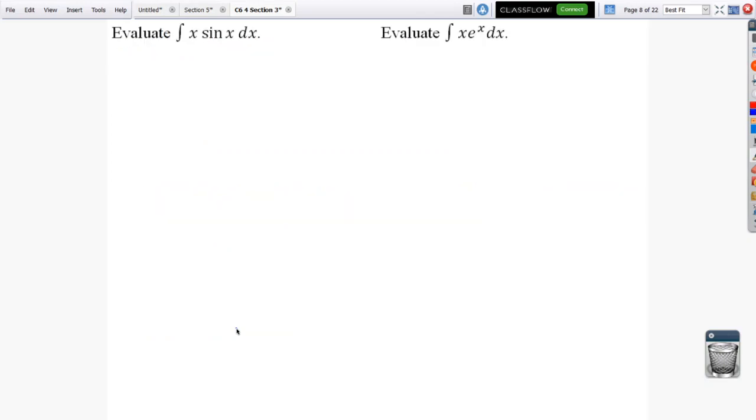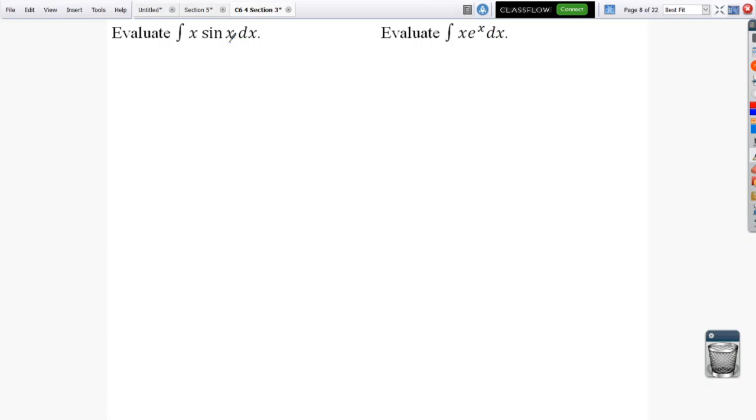We're going to do that one on the left. The integral of x sine of x dx. Now that we're seeing two problems that are integration by parts problems, I'm going to tell you how I know. They're integration by parts problems because we have a product in the integral.